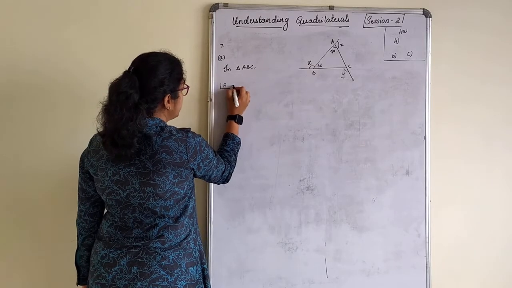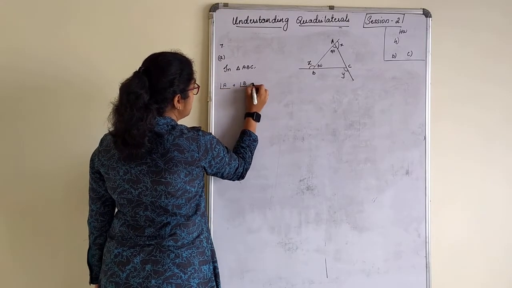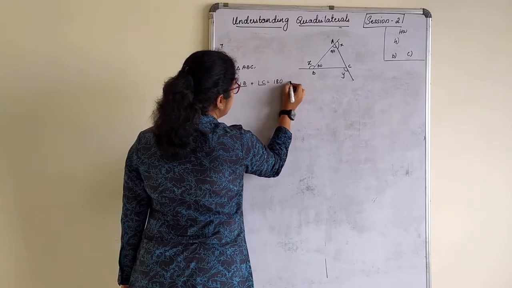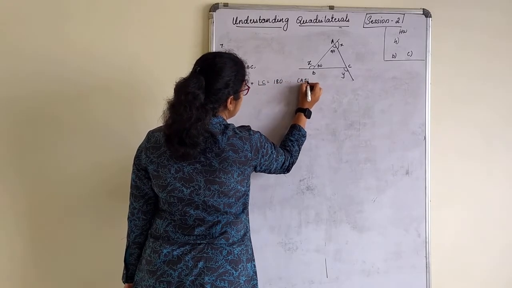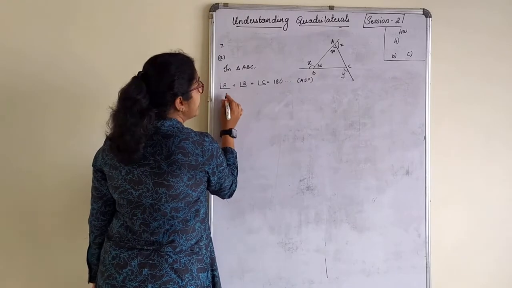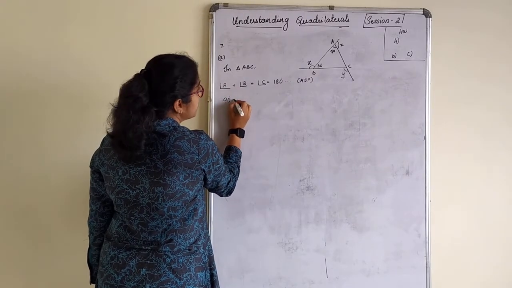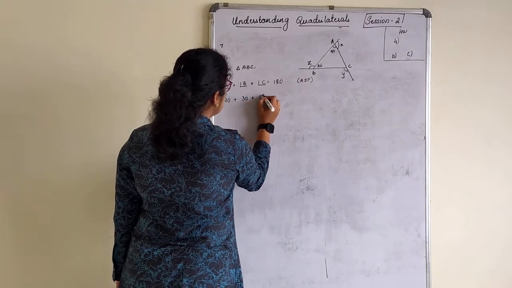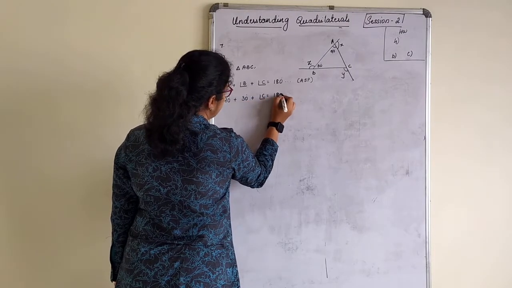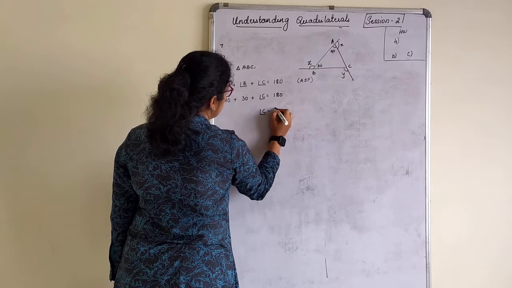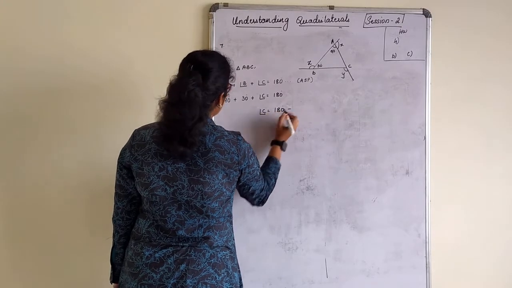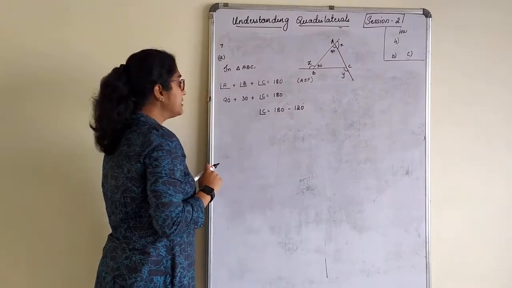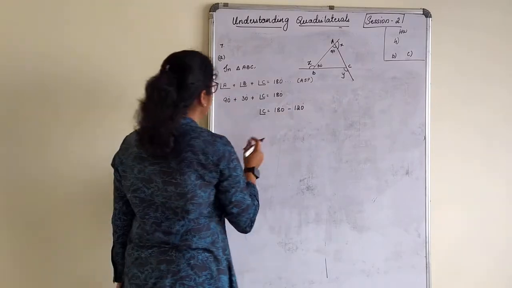I will simply write here angle A plus angle B plus angle C is equal to 180. Reason: angle sum property. So angle A is 90, angle B is 30, and angle C is equal to 180 minus 120. 90 plus 30 is 120.